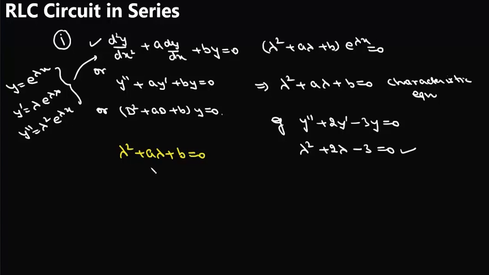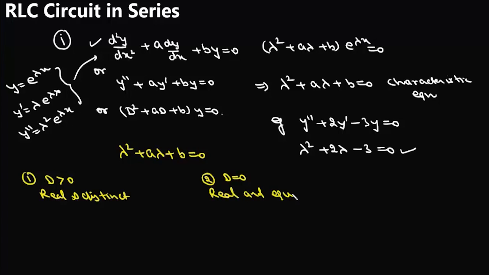Now once we have this quadratic equation, lambda square plus a lambda plus b equals to 0, we know for a quadratic we have three possibilities. First possibility is when D is greater than 0, that is, roots are real and distinct. Second possibility is when D is 0, that is, when roots are real and equal.